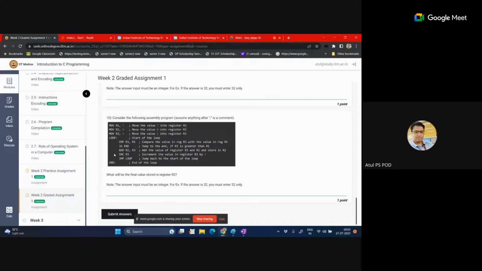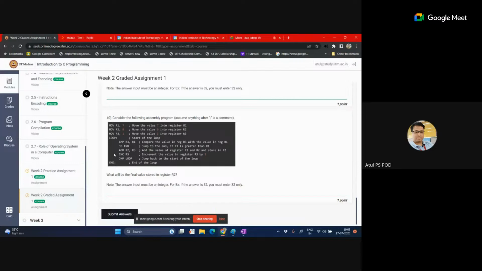Start the loop, and inside the loop we compare two elements R3 and R1, and based on this value, in the next statement we move. Jump to the end if R3 is greater than R1. End means we will stop the process if this condition is true. Otherwise, we move to the next step.